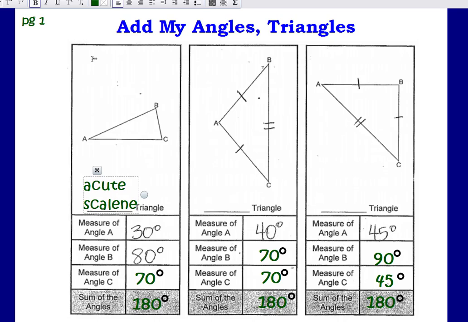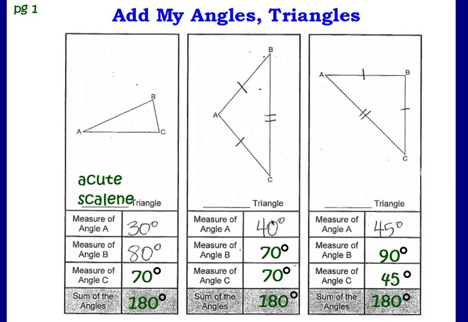Okay, let's look at the one in the middle. We're given that the measure of angle A is 40 degrees, and that's it. But if you take a look, you'll notice that two of the sides are congruent. It's an isosceles triangle. If these two sides are congruent, then that means their angles are also congruent. Okay, so if I take the 40 degrees that I'm given for the measure of angle A and I subtract it from 180, that gives me 140 degrees left over.